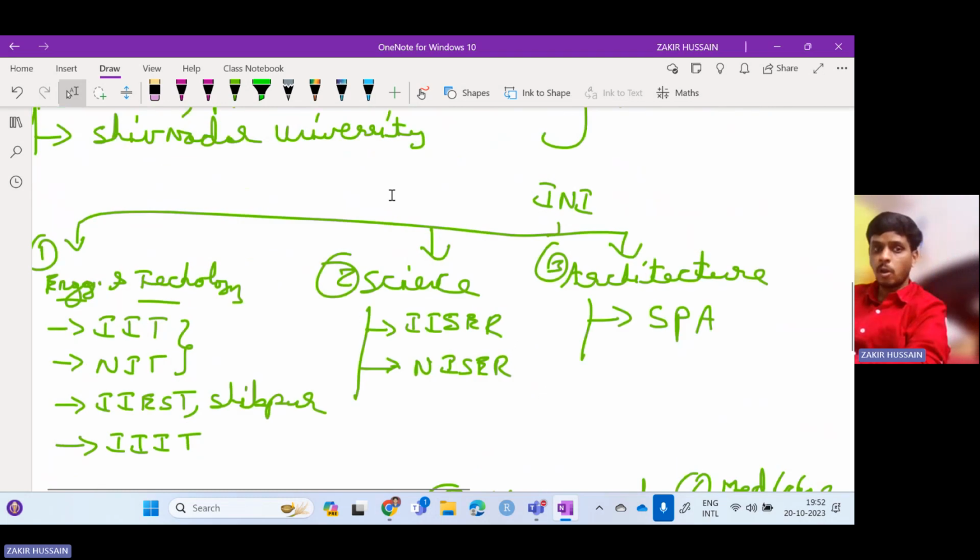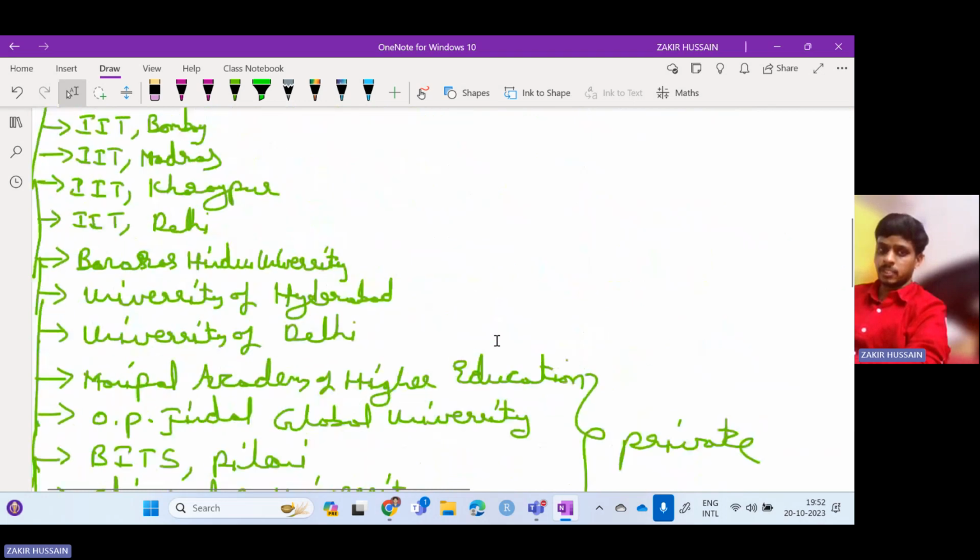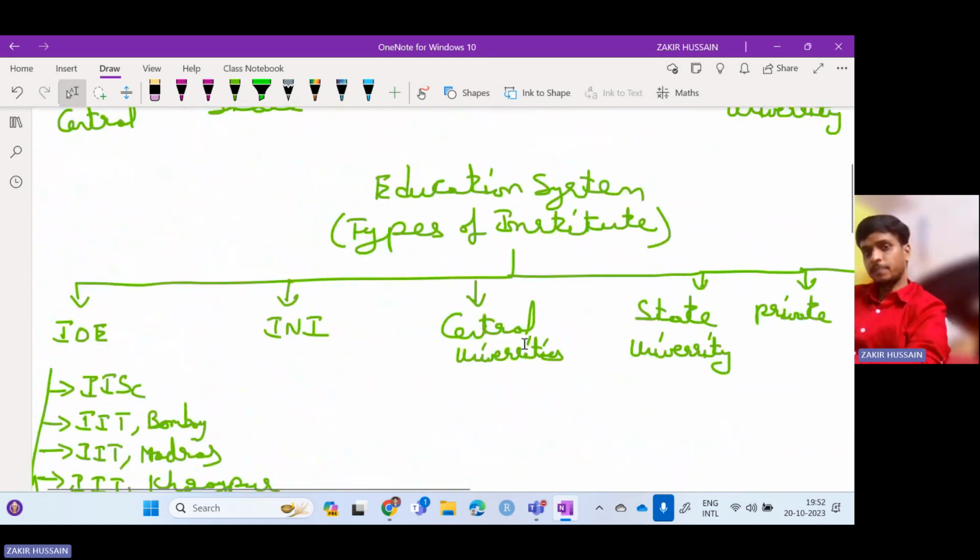If you observe, all the Institutes of National Importance are funded by the central government. Next, for each state, we have central universities, at least one for each state, for example University of Hyderabad and Pondicherry University. Then we have state universities that are completely funded by the state governments.